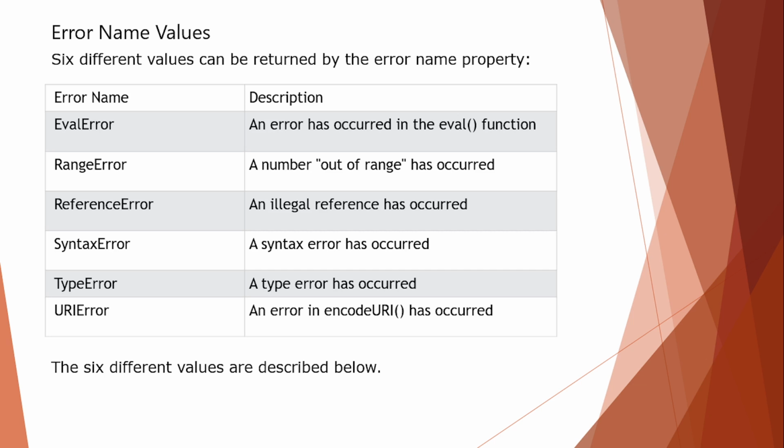ReferenceError: an illegal reference has occurred. SyntaxError: a syntax error has occurred. TypeError: a type error has occurred. URIError: an error in encodeURI has occurred. The six different values are described below.